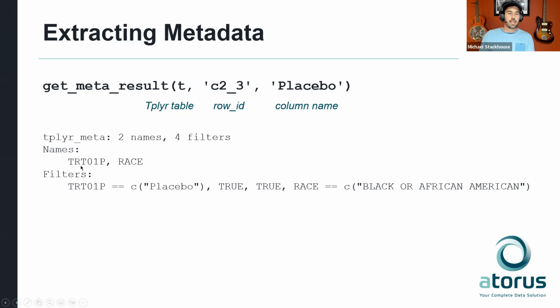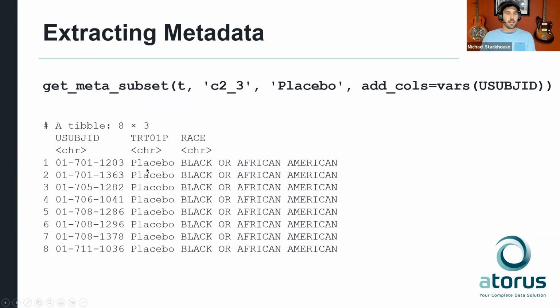So what this is saying is give me TRT01P and race and subset to where TRT01P equals placebo and race equals Black or African American. And that's what we got back here.